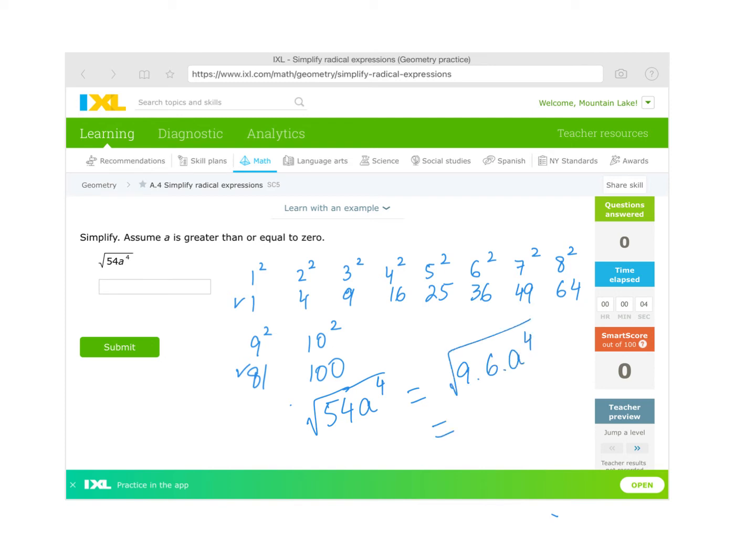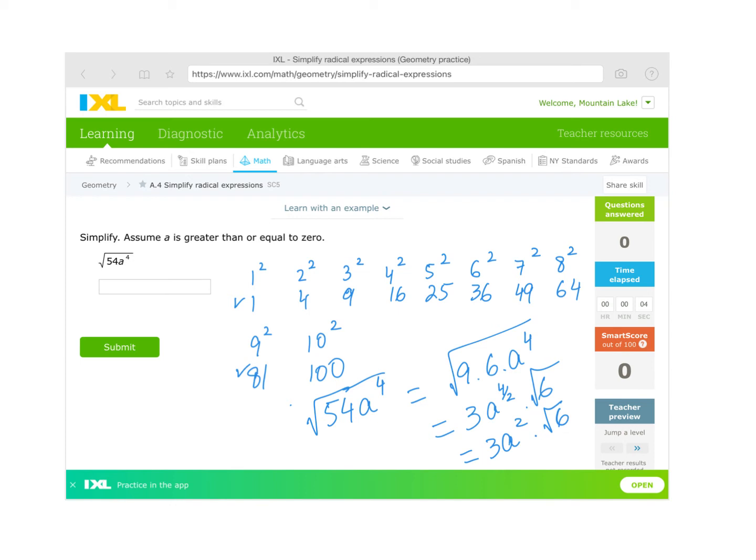The square root of 9 is 3. The square root of a exponent 4 is just dividing the exponent by 2. And the square root of 6 is not solvable. So let's write this as 3a squared times the square root of 6. If you use this notation, you'll notice that it will solve.